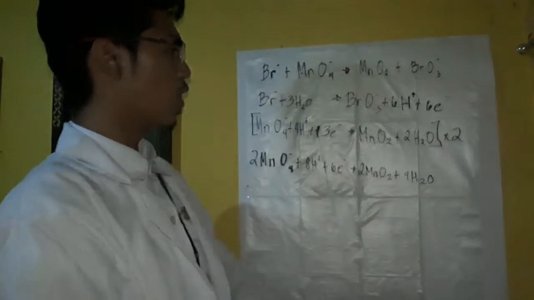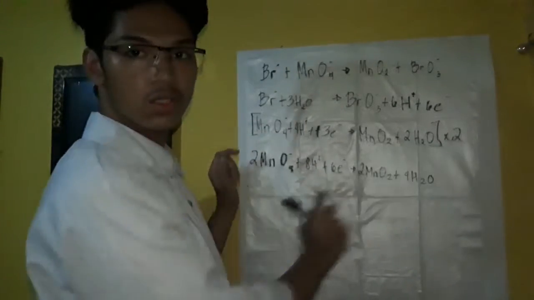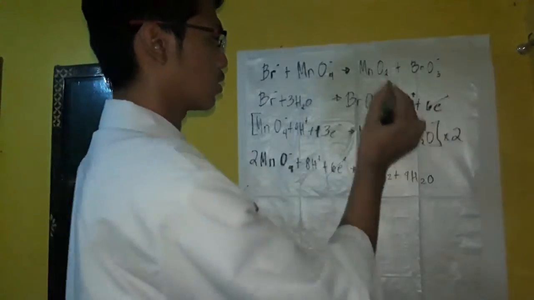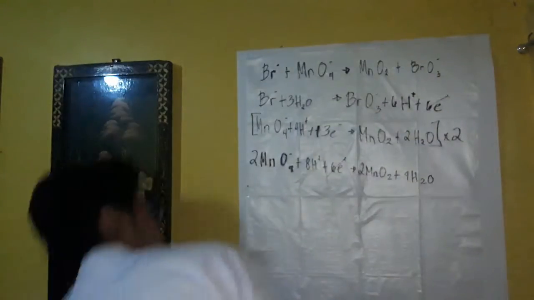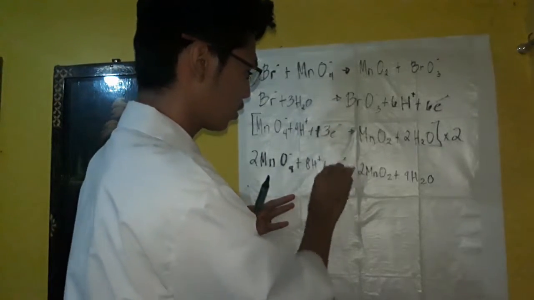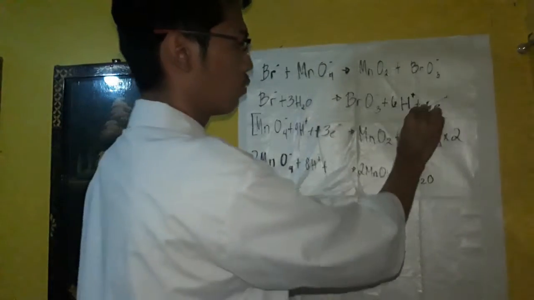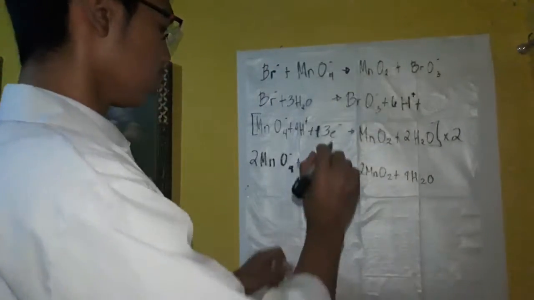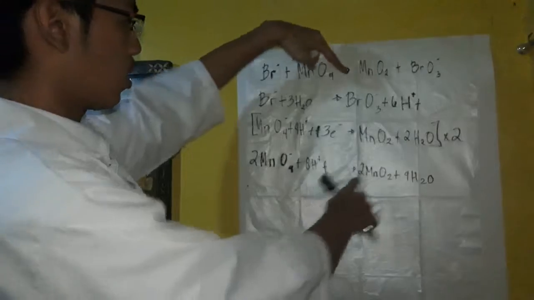Okay, 6 and 6. Now disregard this because this is the new equation. Now let's cancel this. To make it clear, I'll just erase it.